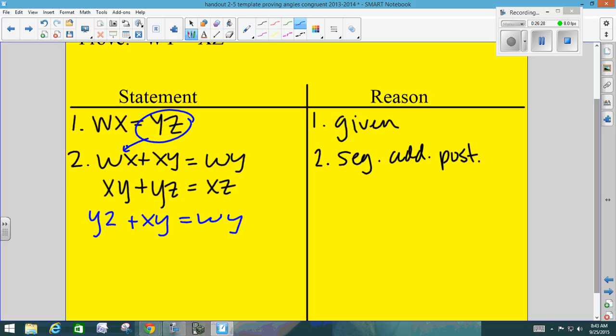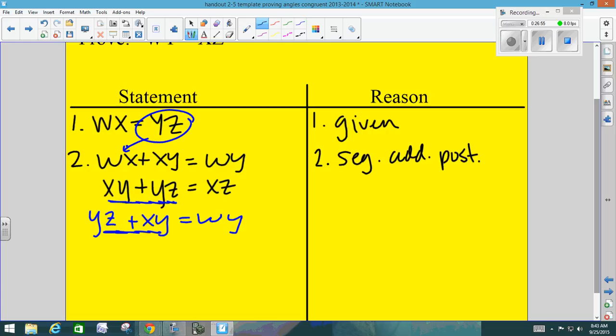Like if I substitute yz into that first equation, then I'd get yz plus xy equals wy, right? Sure. And then since yz plus xy equals wy, and xy plus yz equals xz, if these two things are equal to the same expression, what can I do with these two things? Make them equal to each other.